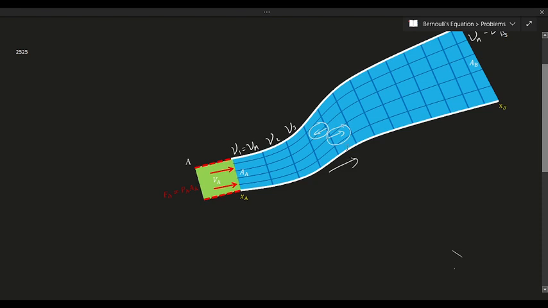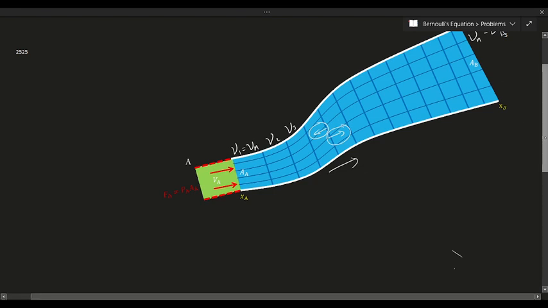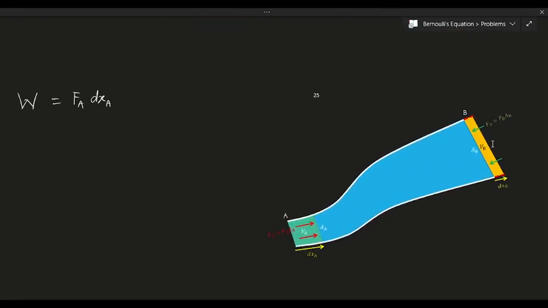So here we see that the works done by these internal forces cancel out in pairs, and only the work done on the first liquid element by the force Fa and the work done on the last liquid element against the force Fb, as shown in this diagram, will be non-vanishing, while the work done on all the liquid elements from 2 to n minus 1, meaning all the liquid elements in between the first and last liquid element, will vanish.